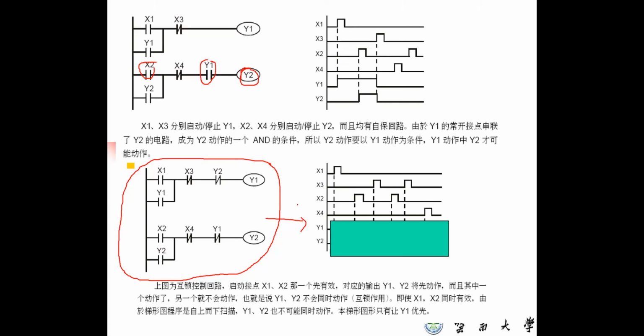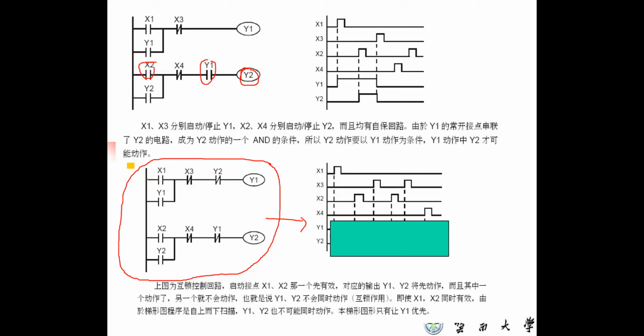Hello everyone. I will discuss this example. Okay. We can see from here, maybe when X1 is equal to 1, and X3 is equal to 0.